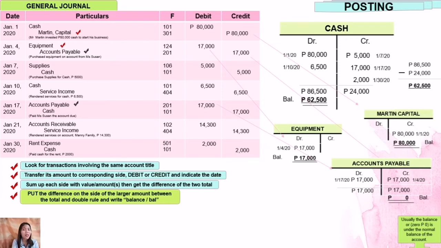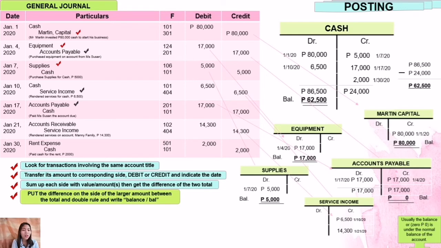So 0 is the balance, meaning to say we don't have any accounts payable left since it has 0. Next is supplies. So we have only one supplies, 5,000, bring down 5,000. Service income, we have two. So January 10 and January 21, copying the amounts, transferring the amounts. So adding it, we have 20,800. That's the balance, then double rule.